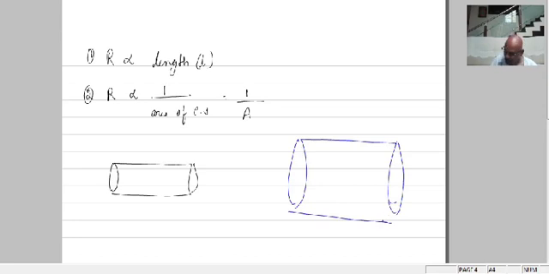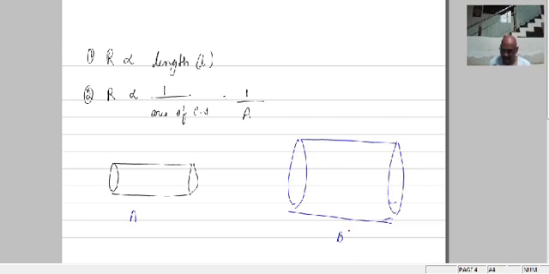Now we've got two conductors here, A and B. Obviously the cross sectional area of A is small and the cross sectional area of B is more.